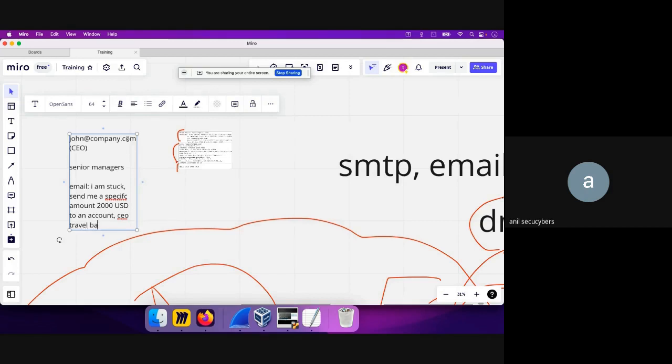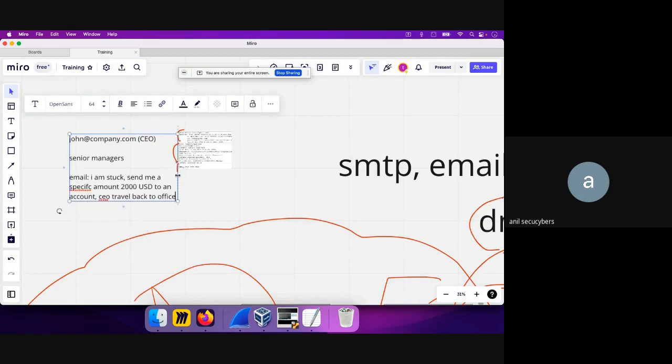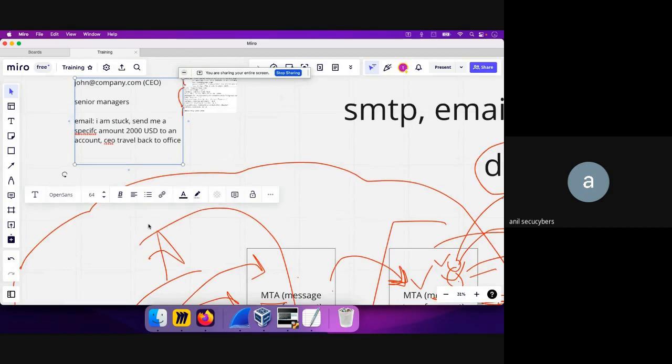Okay, so this was received by multiple senior managers of that company, the one I was working for, from the CEO. And what happened was that the senior managers were really afraid, wondering why the CEO was sending out an email.